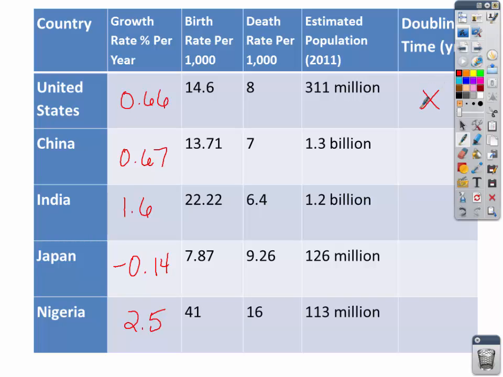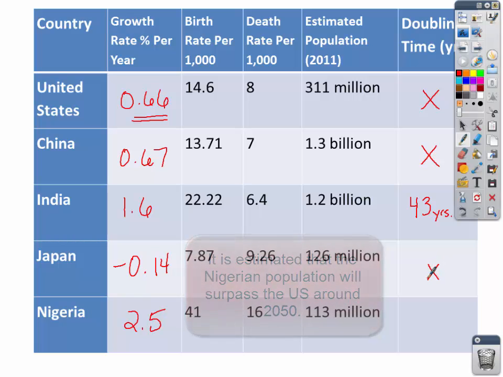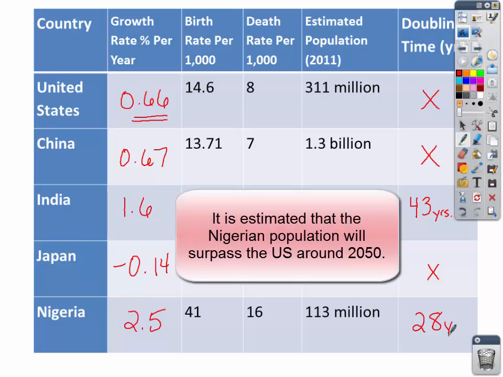Remember, you can only use the formula for doubling time for exponential growth. United States, China, do not apply. Now in India, it would take 43 years for the 1.2 billion people there to double. Japan does not apply, but in Nigeria, at about 28 years, their population will double because they're growing exponentially.